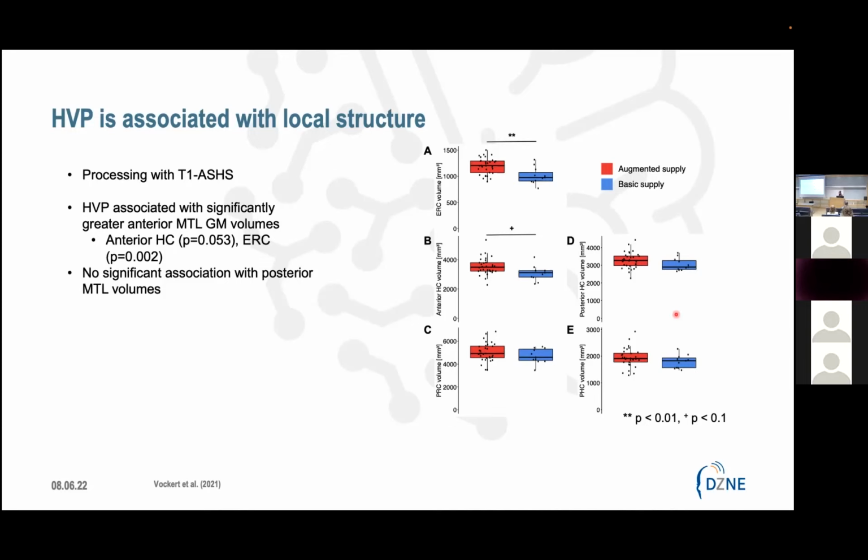And we further found in post-hoc analyses that this is partly driven by the anterior hippocampus and actually mostly apparently by the entorhinal cortex. In terms of CSVD, there was no difference between CSVD patients and controls.